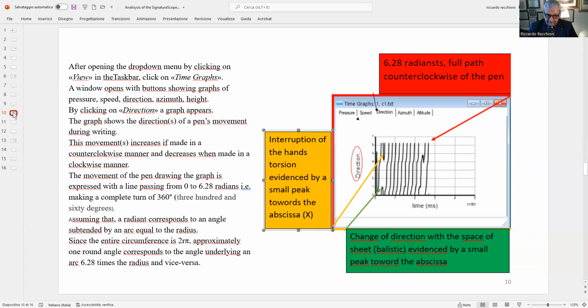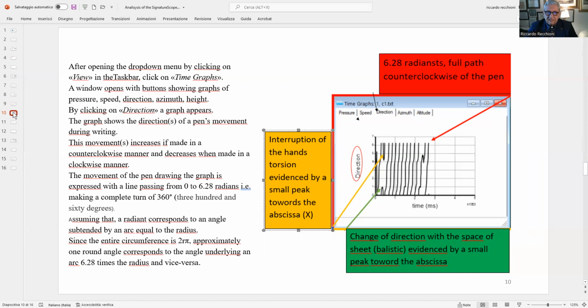The graph shows the direction of a pen's movement during writing. This movement increases if made in a counterclockwise manner, and decreases when made in a clockwise manner. The movement of the pen drawing the graph is expressed with a line passing from 0 to 6.28 radians.